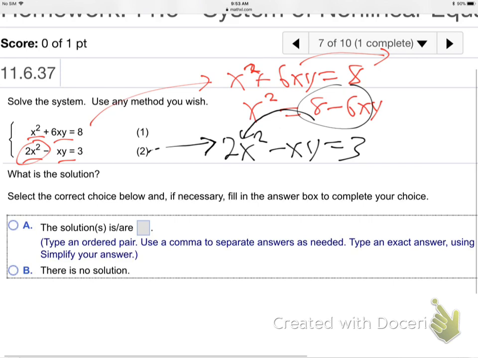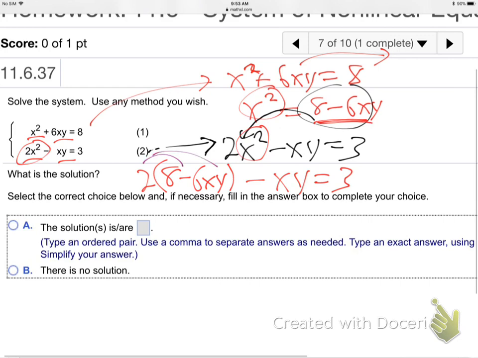Okay, let me jump in here. So x squared would be 8 minus 6xy. I'll just leave xy. So good to there, right? The whole x squared is replaced with 8 minus 6xy. And then we'll just distribute. I'm going to get 16 minus 12xy minus xy is 3.